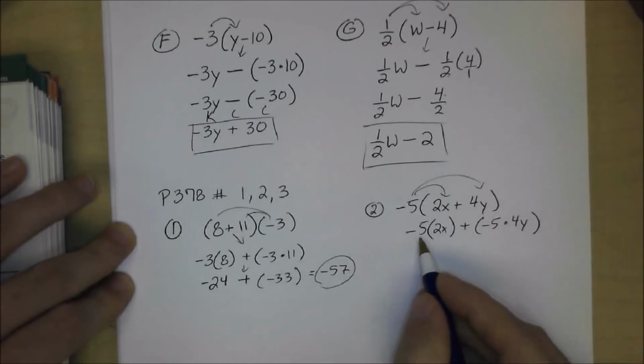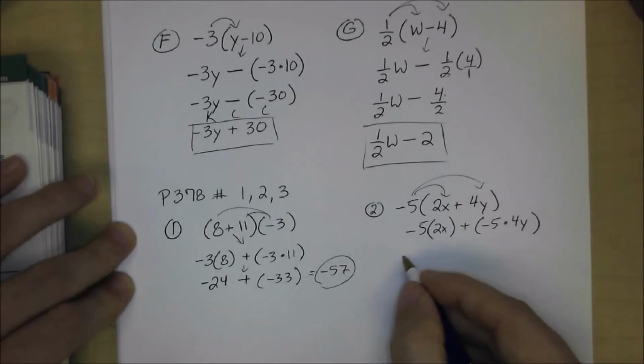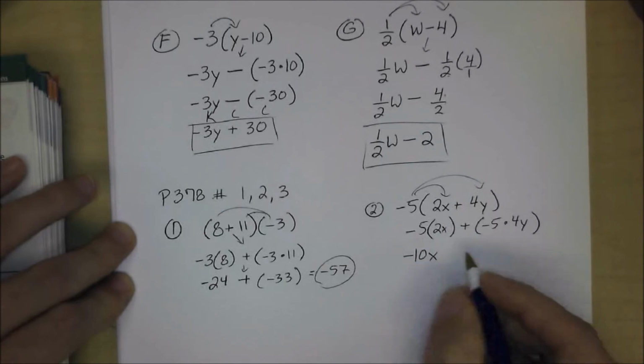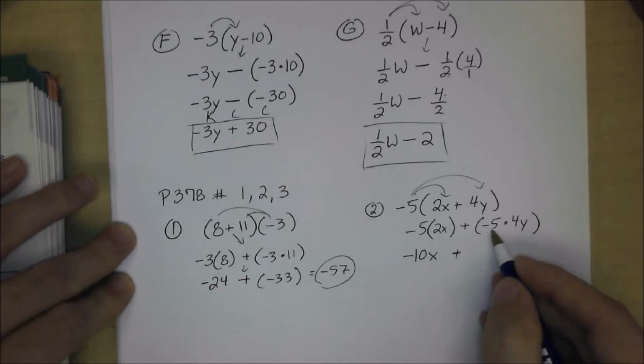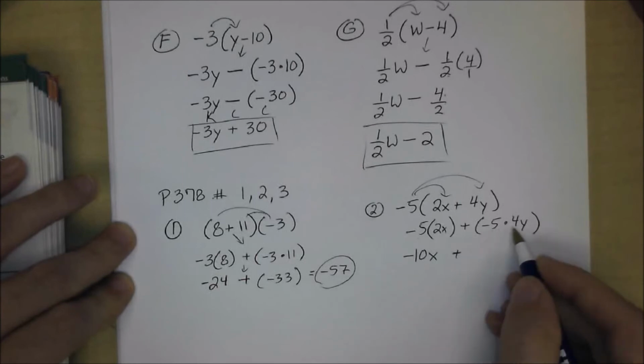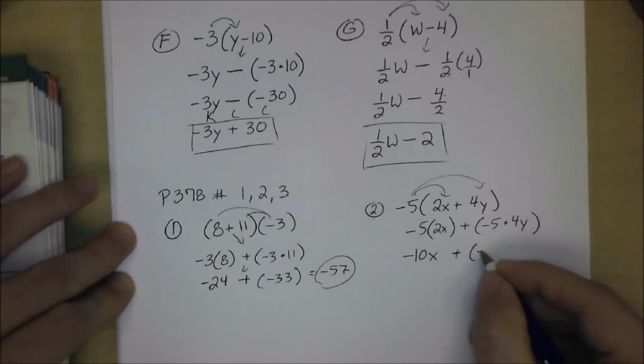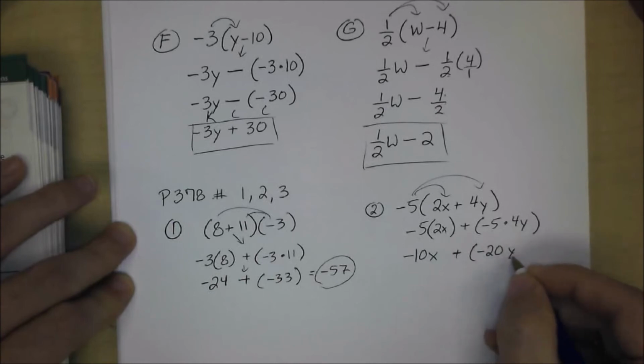Now, -5 times 2 is going to be -10, so I have -10x from here, plus -5 times 4 is going to be -20, so I've got -20y.